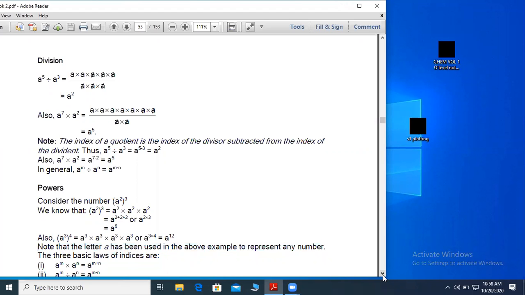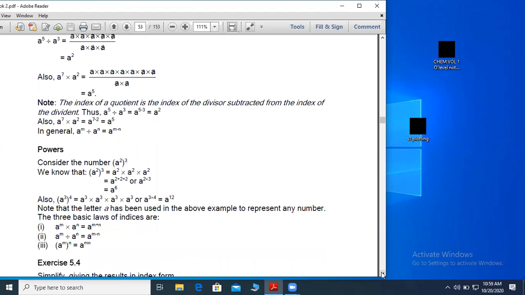So let us look at the 3 basic rules of indices. These are 3 basic rules of indices, and what do they tell us? The first rule is on multiplication.